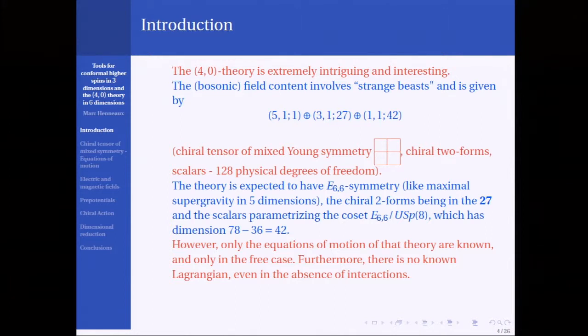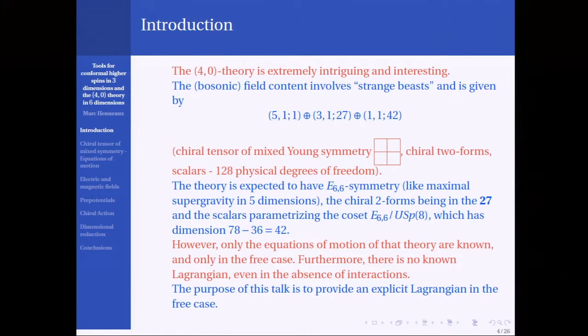Furthermore, because of these chirality conditions, there is no explicitly written Lagrangian in the literature, even in the absence of interactions, which is in any case the only thing we can write so far explicitly. What I would like to describe in my talk is an explicit Lagrangian construction for the equations, actually for that field, this chiral mixed Young symmetry field.